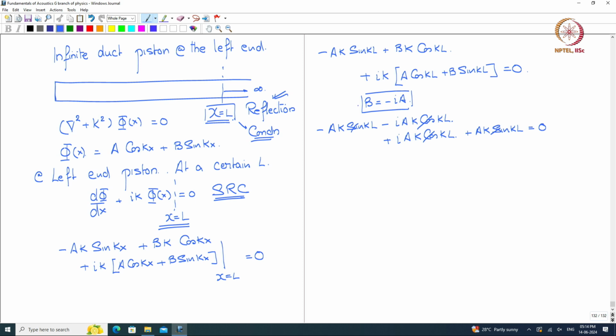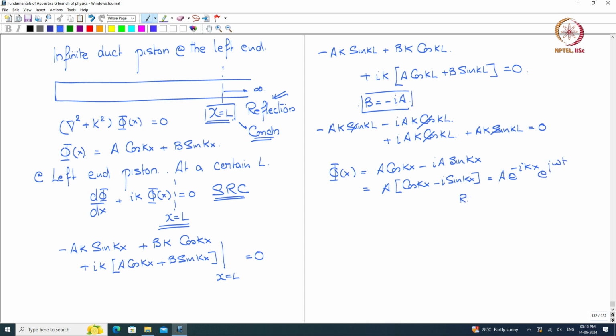So let us see, let me put b equal to minus ia here. So my phi of x is a cos kx, b is minus ia sin kx, is equal to a cos kx minus I sin kx, which is a e to the power of minus I kx combined with e to the power I omega t.